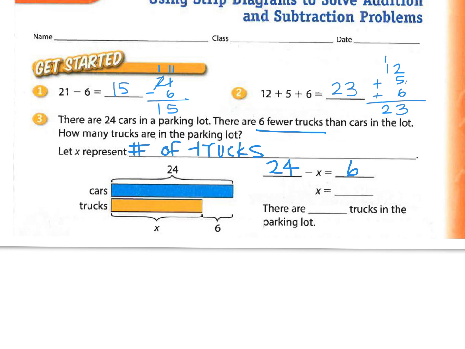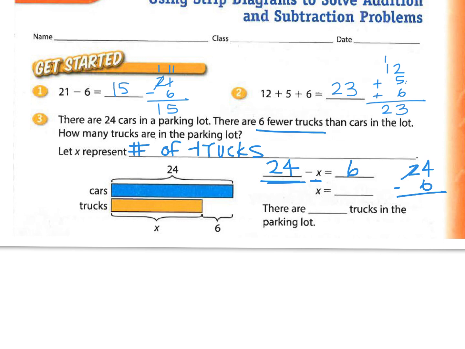So if we have the number of cars minus the number of trucks, that equals 6. We'll figure out how many trucks that is. We can, first of all, take away 6 and see what's left.